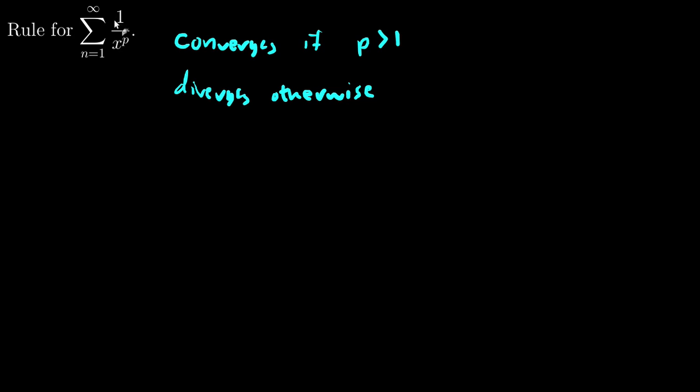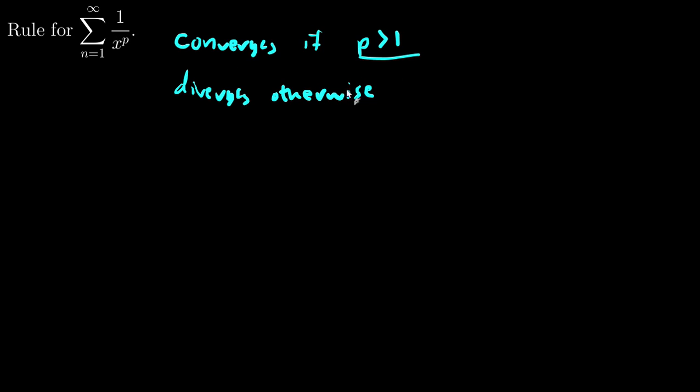If p equaled 1, I would get an antiderivative that is natural log, and natural log is undefined as we approach. It goes off to infinity as we approach infinity. If p is less than 1, then when I take the antiderivative, I'll end up having an x in the numerator.